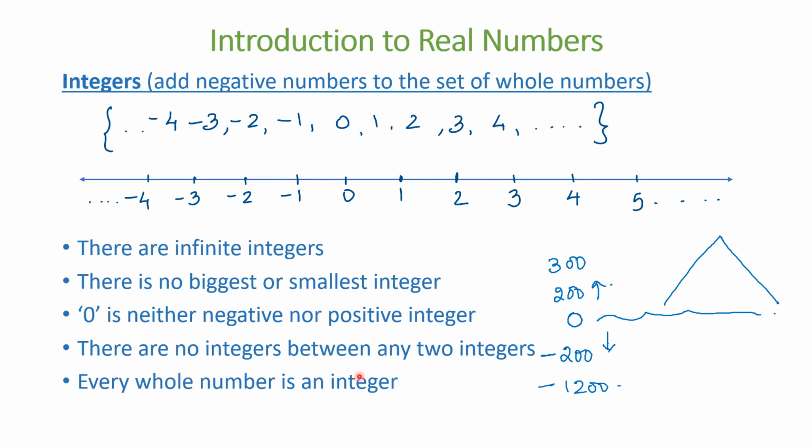And there is no integer between any two integers. Between 1 and 2, between 4 and 5, between minus 3 and minus 2, there is no other integer between them. And every whole number or natural number is also an integer.